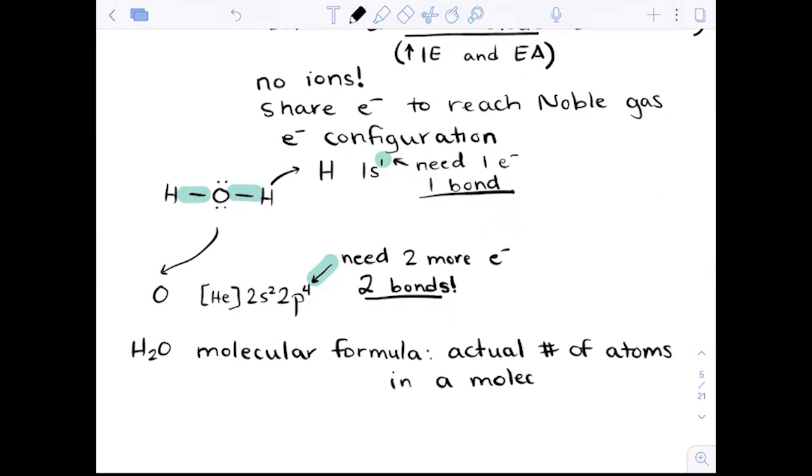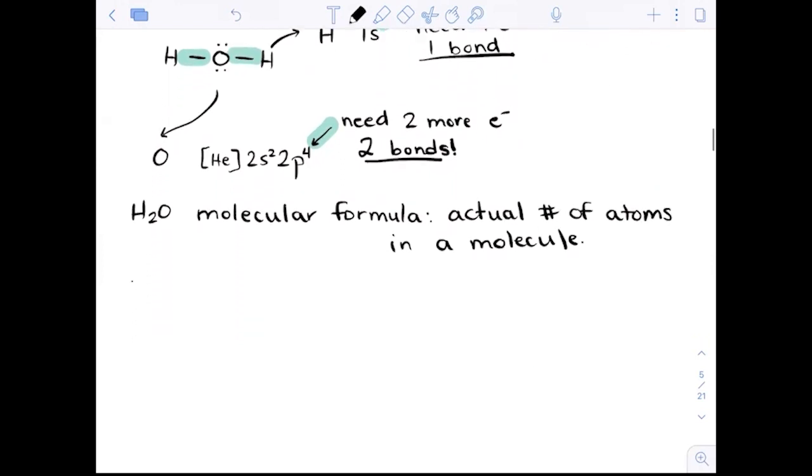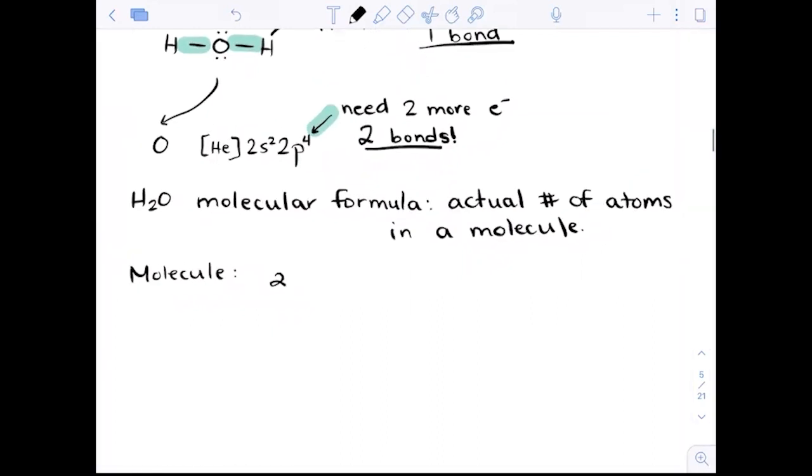And here's where I'm going to define the difference between a molecule and a compound. A molecule will be 2 or more nonmetals, so a molecule has to be covalently bonded.